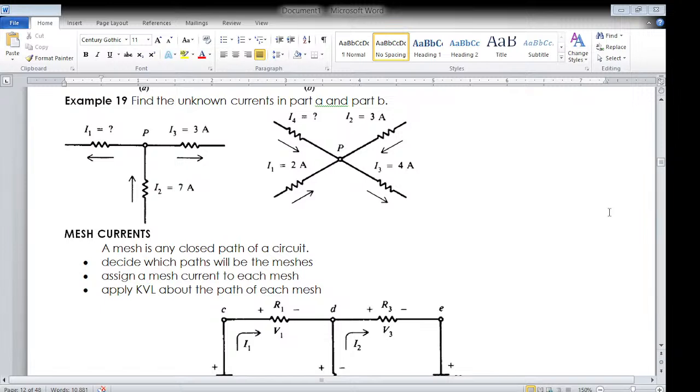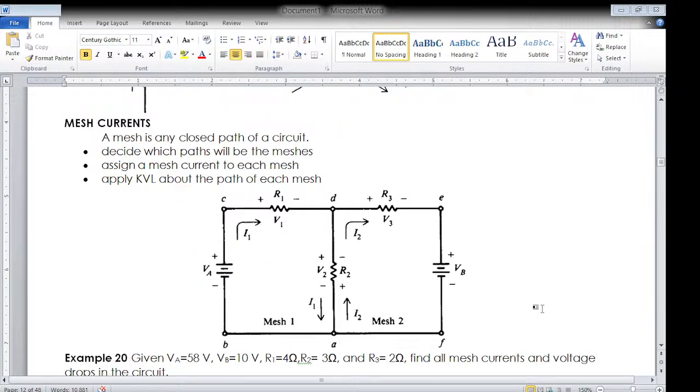This method is used to solve for current, obviously. In this method, we apply KVL in each path. And how is this done? The first step is to decide which paths will be the meshes.